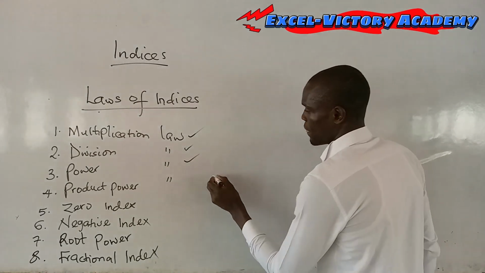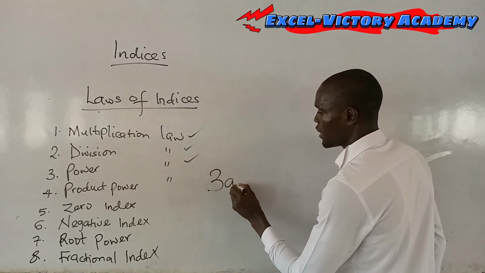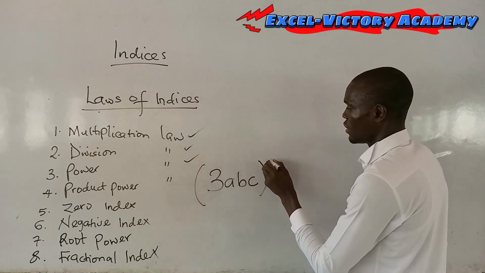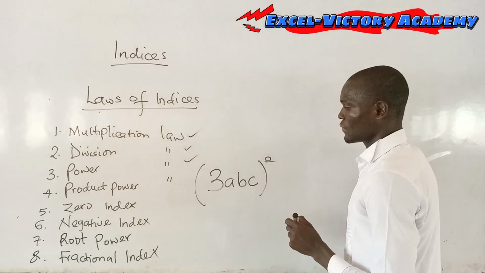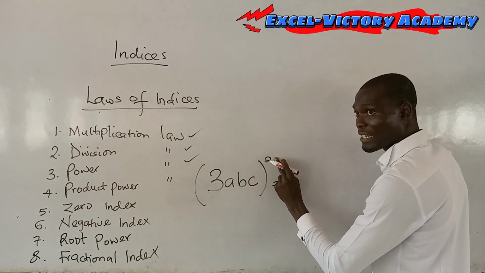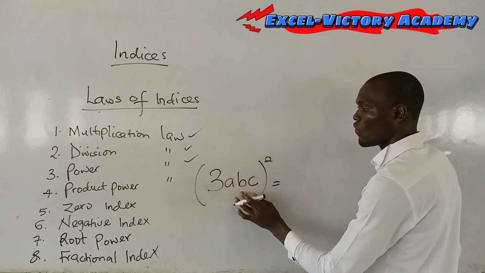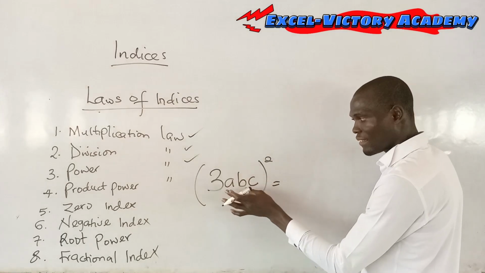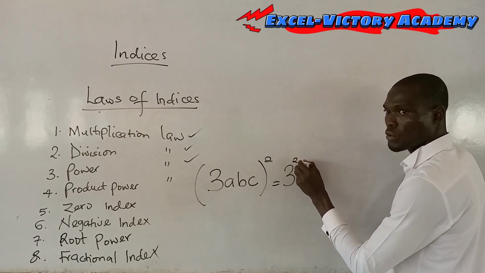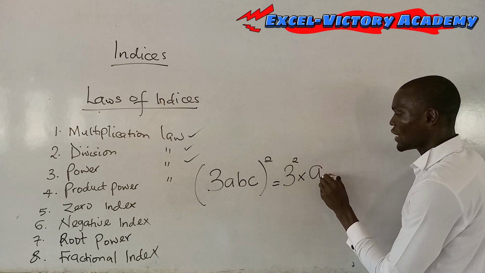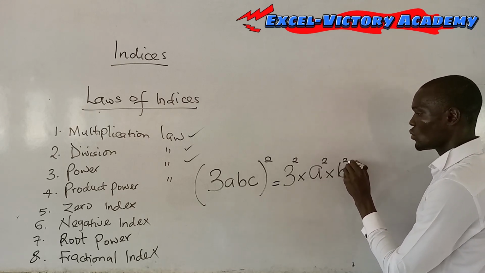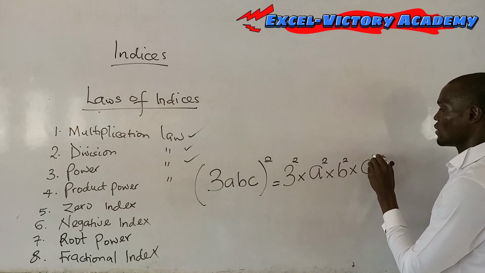For example, if we have 3ABC in a bracket, the law states that this power that is outside here should be distributed over each of the factors here that are in the bracket. So we will have 3 raised to power 2 multiplying A raised to power 2 multiplying B raised to power 2 and multiplying C raised to power 2.